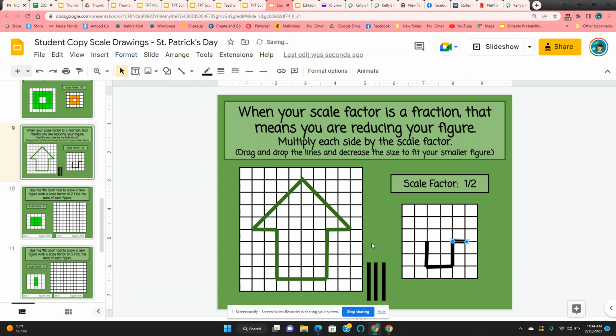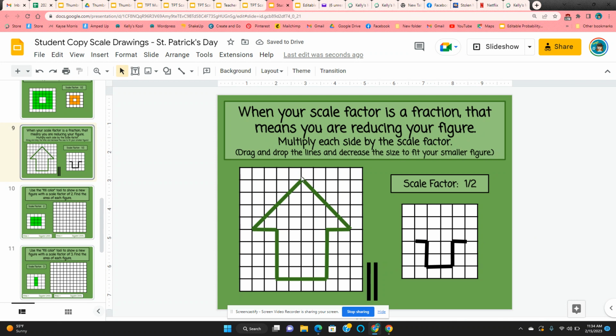These little sections here, they were 2, so now they're going to be 1 unit. So it's good for the students to be able to practice doing this.